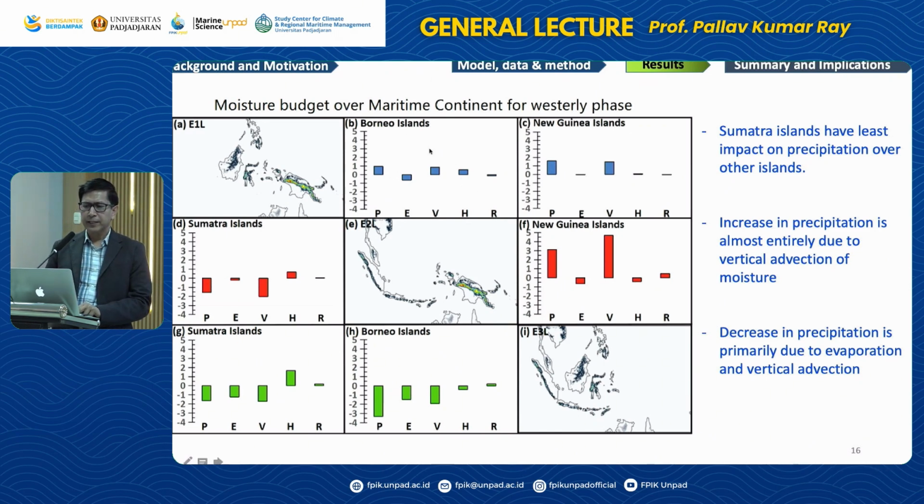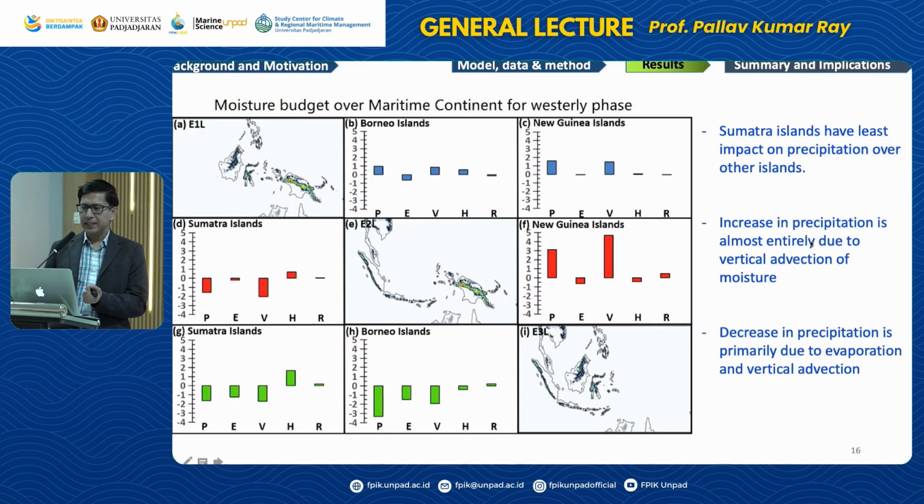Here in the Borneo experiment, the precipitation is really explained by those terms, and this is the vertical advection of moisture, basically all the moisture convergence that is happening. So the reduction in precipitation is really due to reduction in vertical advection. Sumatra has the least impact on precipitation, and most likely it's because Sumatra is much smaller than Borneo and New Guinea.